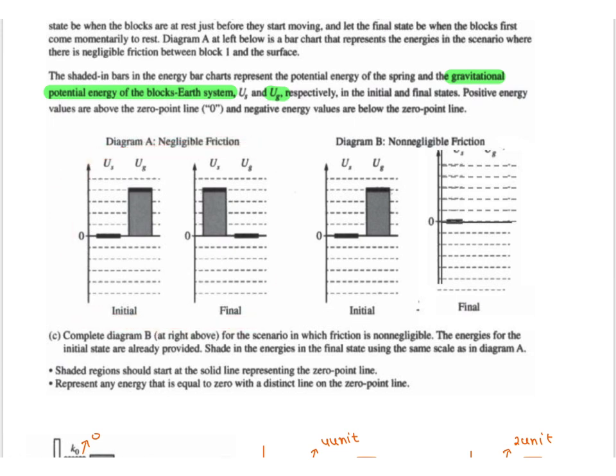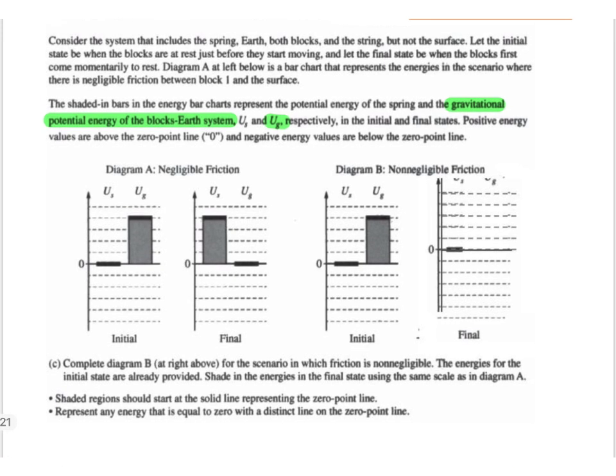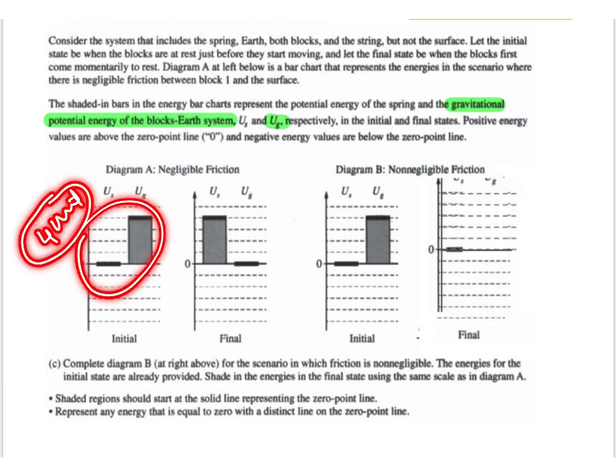And now they are saying what will happen if there is some friction between the surfaces in contact. Okay, so of course, if there is friction, there will be loss of energy. So initial energy, which was 4 units, will not be 4 units now; there will be some loss of energy in the form of heat.